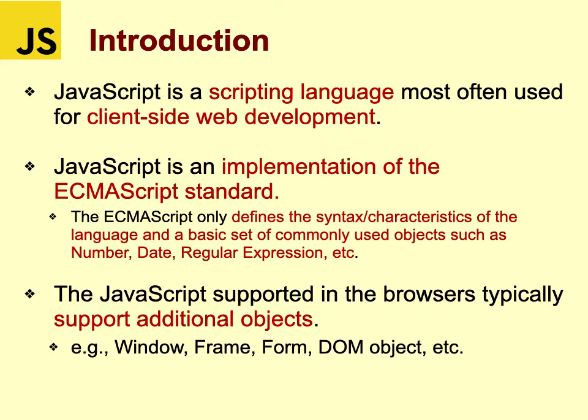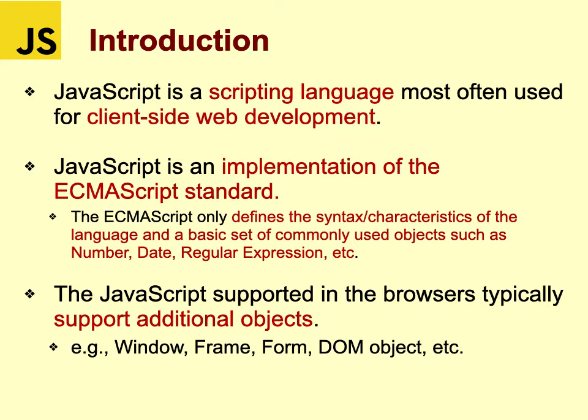ECMAScript, or ES, is a general-purpose programming language standardized by ECMA International according to the document ECMA 262. It is a JavaScript standard meant to ensure the interoperability of web pages across different web browsers.